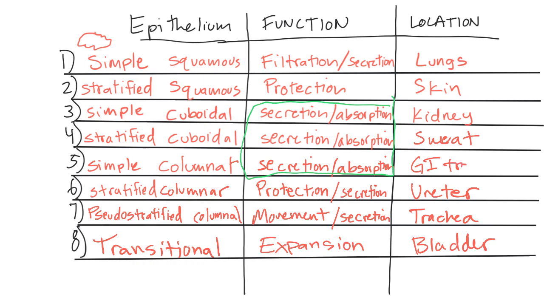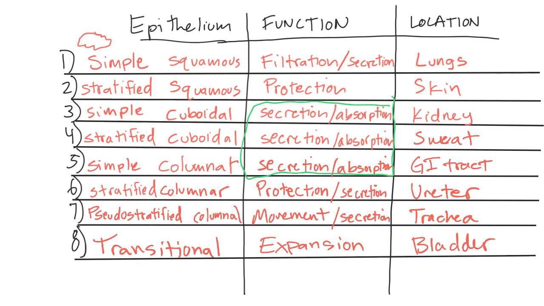Parker, I have a question. Yep. So, in the book, it talks about the stratified cuboidal being a protective tissue. But with sweat glands, it makes sense it is secretion and absorption. And so I'm wondering where the protective comes in. Well, if it's stratified, you could add another layer if you want protection. Okay.